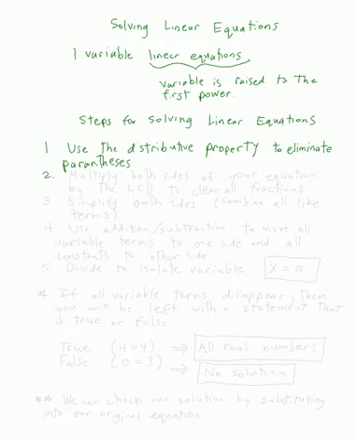Step two. Now this is a nice little trick. You're going to multiply both sides of your equation by the lowest common denominator, by the LCD, to clear all fractions.